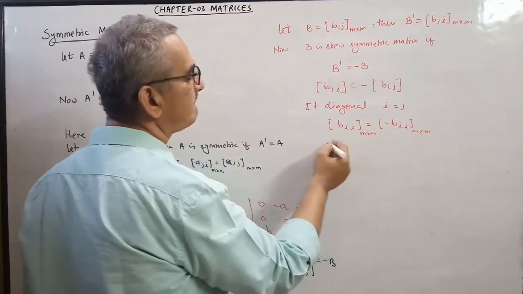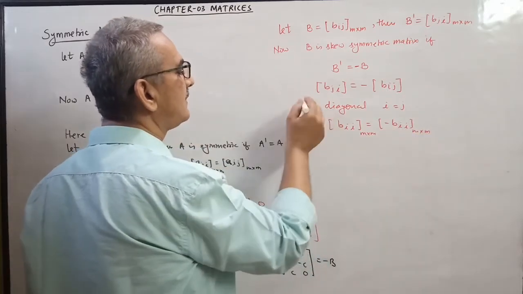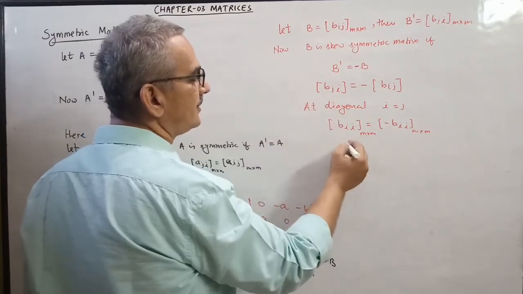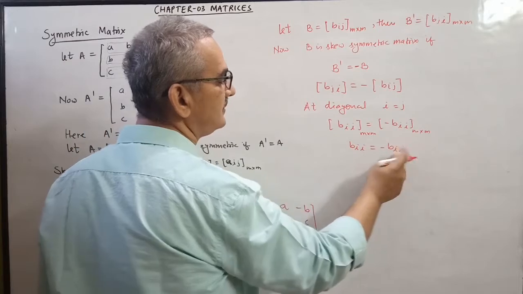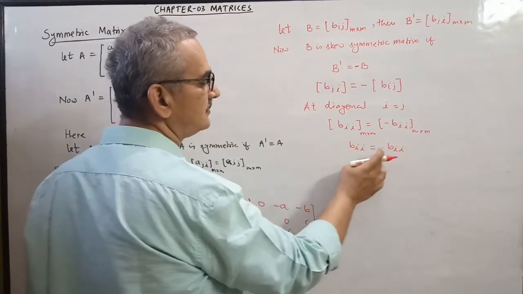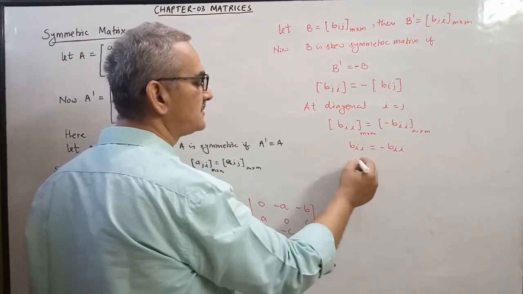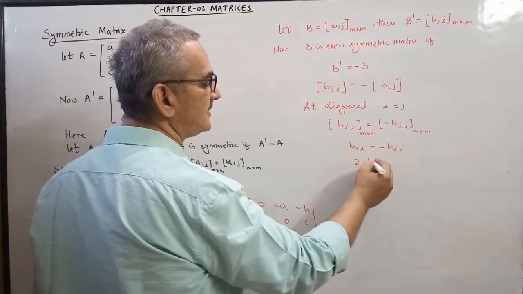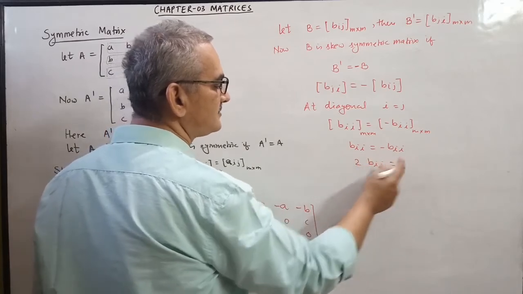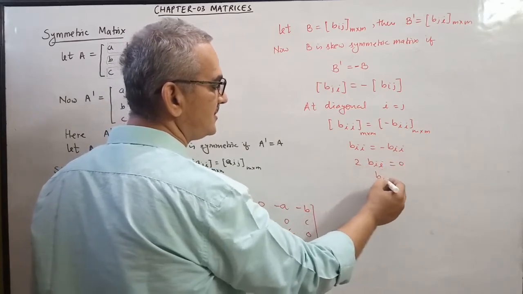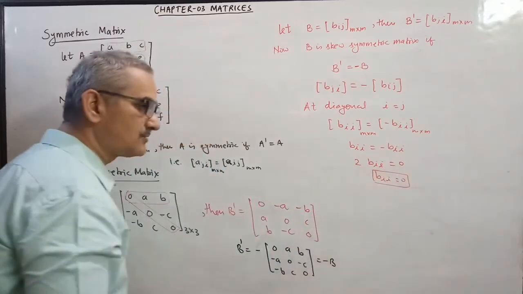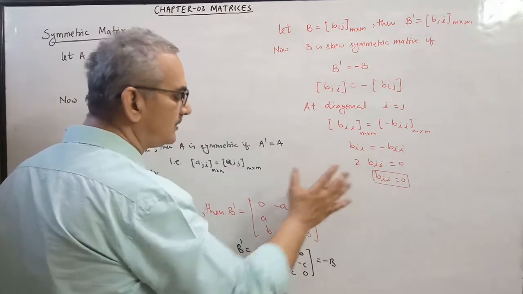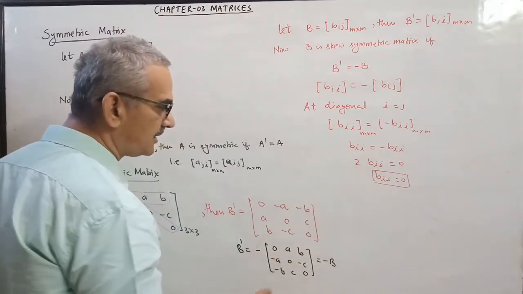At the diagonal, their corresponding elements are equal. So Bii is equal to minus Bii. Now transfer this Bii to this side. So what we are getting, twice of Bii is equal to 0. So Bii is equal to 0. So that proves that in a skew symmetric matrix, all the elements at the main diagonal are 0.